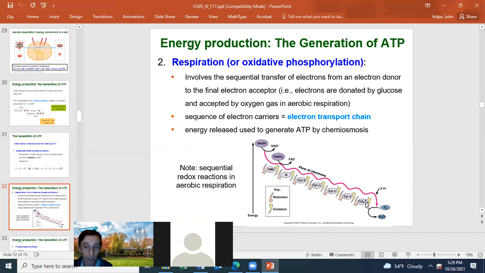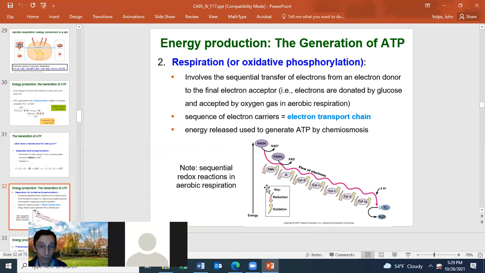And in aerobic respiration, the electrons flow to oxygen. All of these are sequential redox reactions, meaning one molecule is oxidized, losing the electrons, and the other molecule is reduced, gaining the electrons.